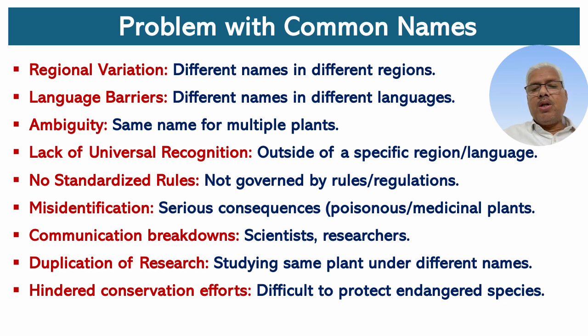It can be difficult to track and protect endangered species if they are not consistently identified. This is precisely why we need a standardized system of scientific nomenclature like the binomial system developed by Carl Linnaeus. Scientific names provide a unique and universally recognized name for each species, eliminating the confusion caused by common names.